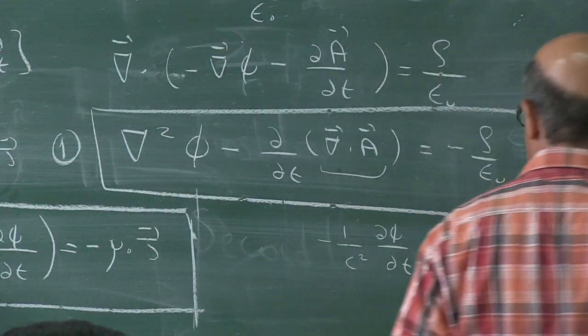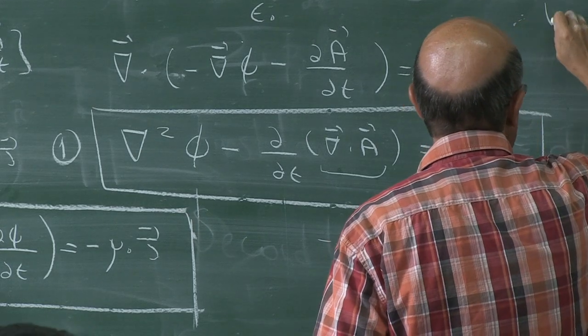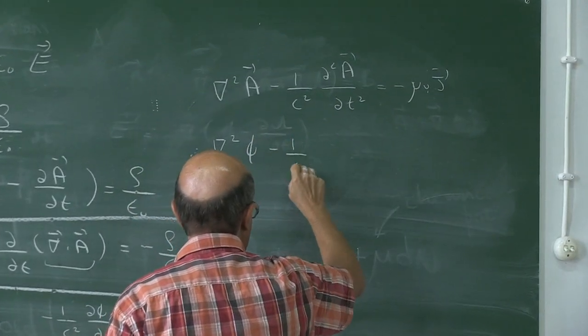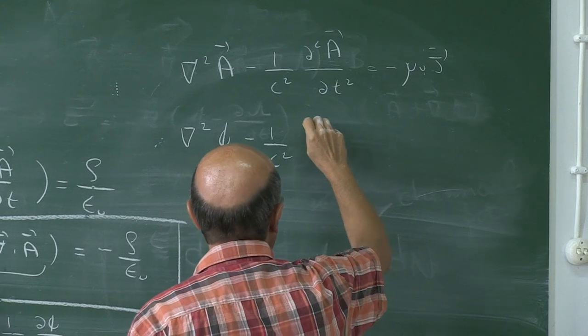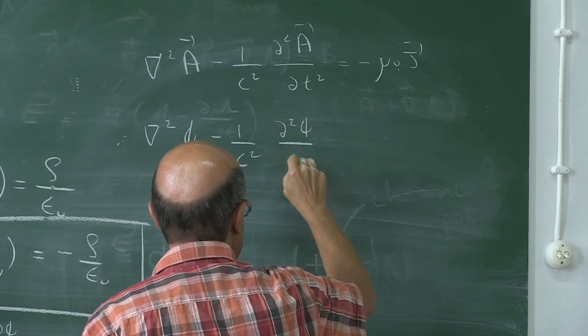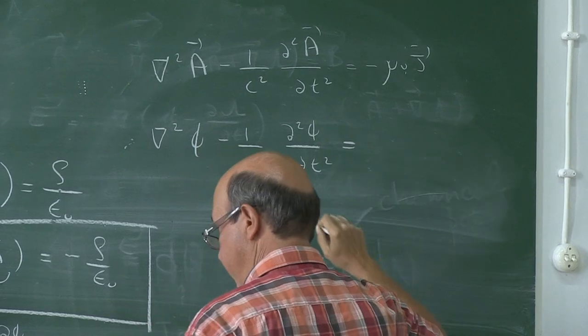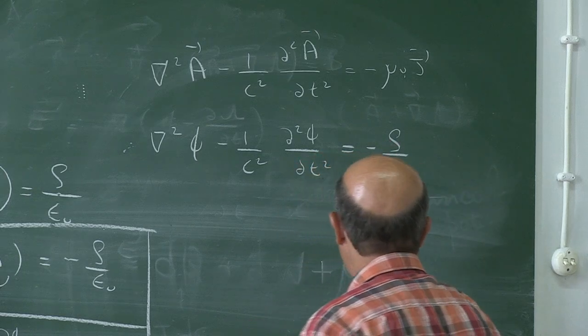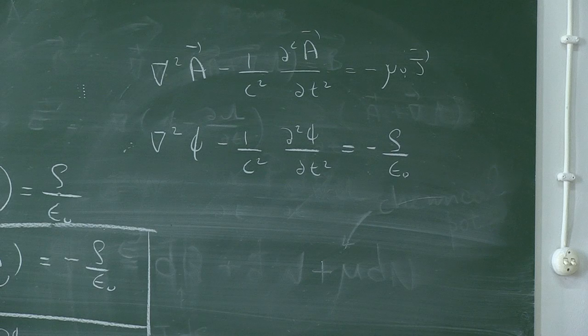Sources are different. The above has the current density as the source, and the below one will have the charge density as the source. So the second will be del square phi minus 1 over c squared del squared phi over del t squared, and the source is the charge density.